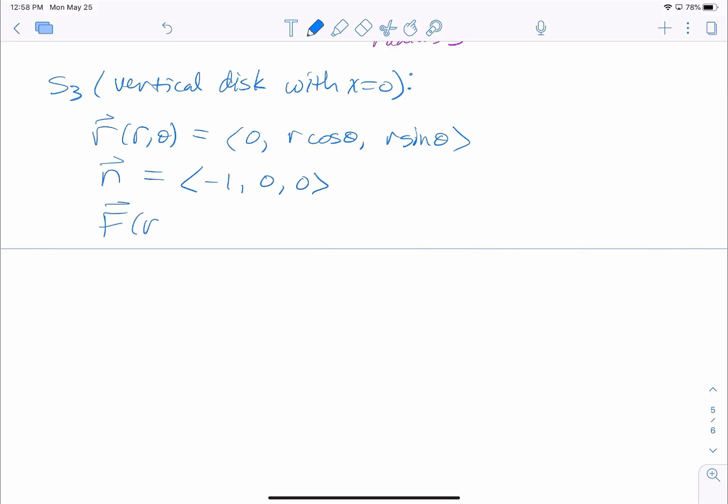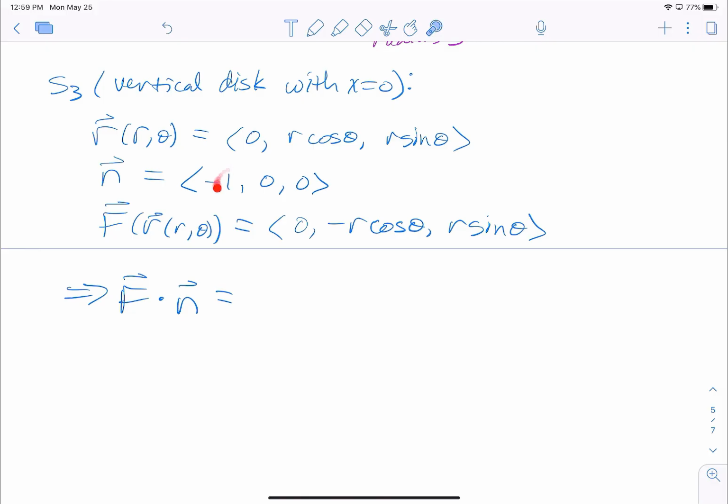And f of r, theta is going to equal 0, negative r cosine of theta, r sine of theta. As it turns out, this means that f dot n is equal to negative 1 times 0, and then everything else is also 0, so 0, which means that our surface integral over S3 of f dot dS is also equal to 0.